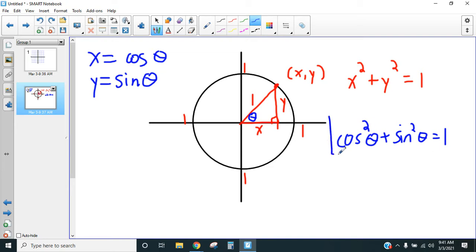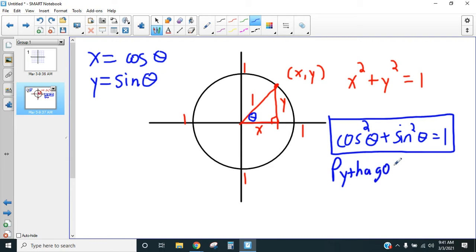But this is what we're using today. So if you're writing anything down, it would be this, right? This is the Pythagorean identity. And you're going to have to use this like a formula today when we do our work. All right?